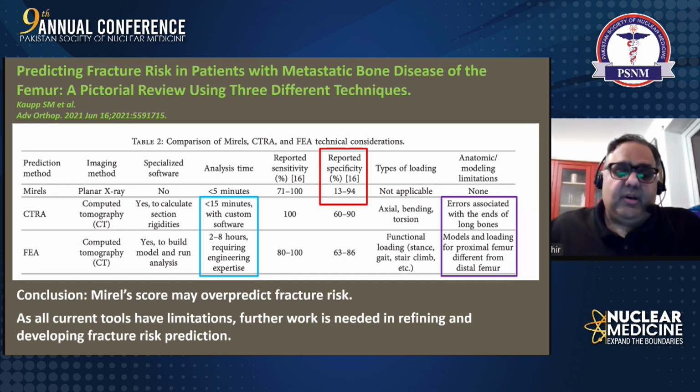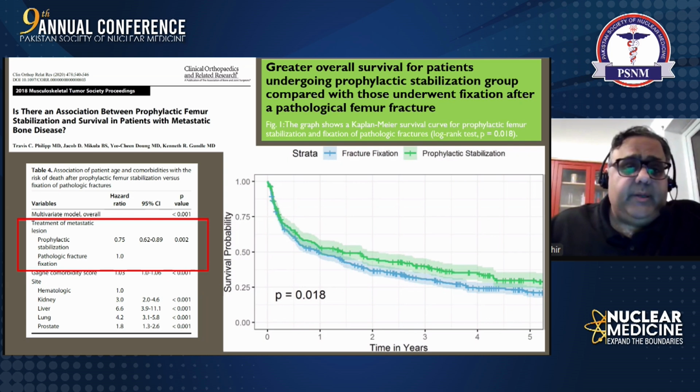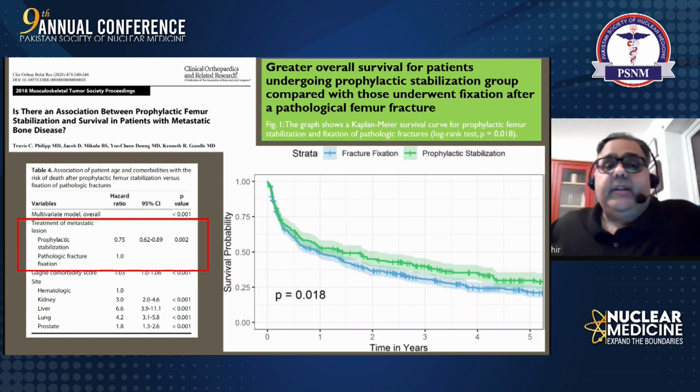The simplest and the most commonly used Mirels score has a tendency to overpredict the fracture risk. So now, as we look forward, we just see the need for assessment for prophylactic femur stabilization.